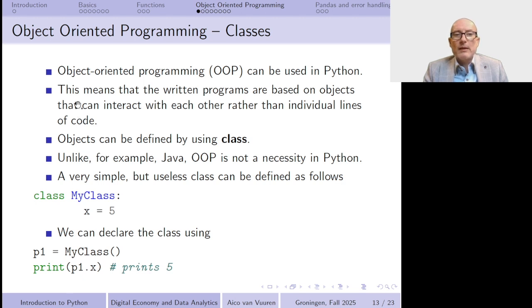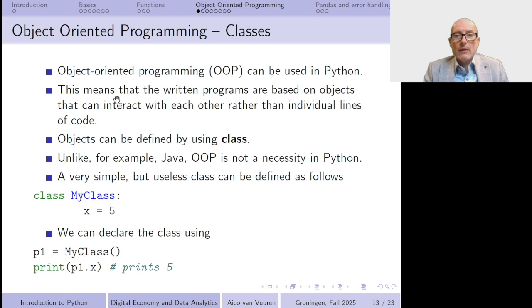From Wikipedia, this means that the written programs are based on objects that interact with each other rather than individual lines of code. That's of course a very difficult definition, and it might be better, instead of focusing on this definition, to simply look at some examples.